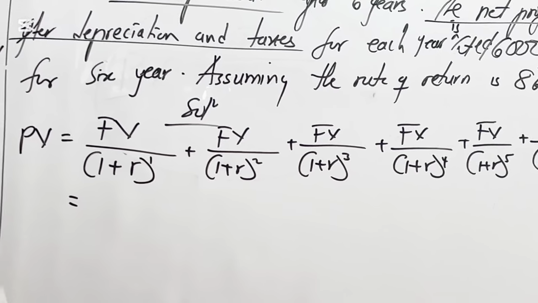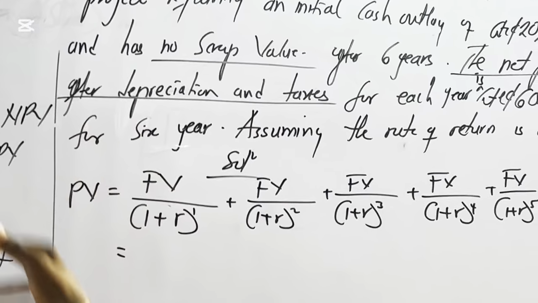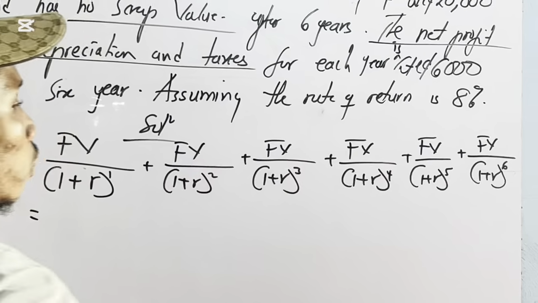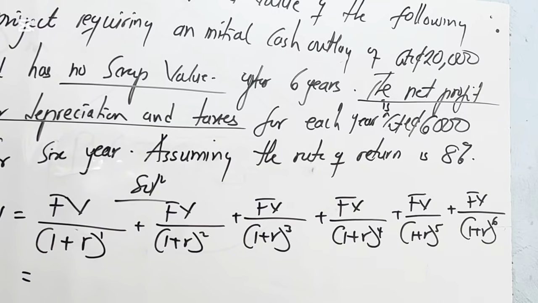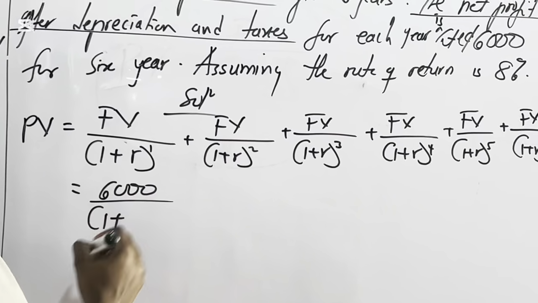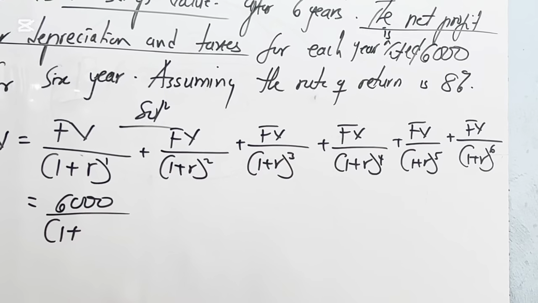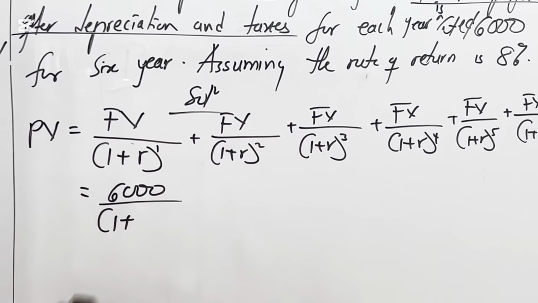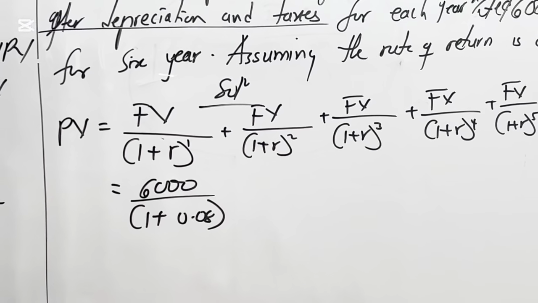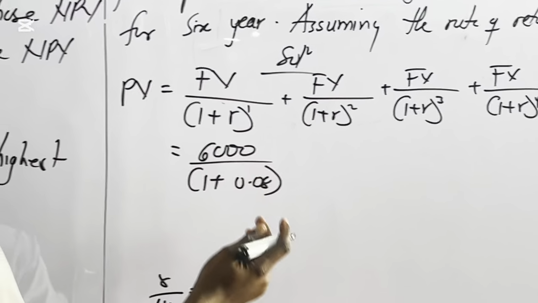So the future value, what are we expecting? The cash inflow of 6,000 in future. So after 1 year, we have 6,000 over 1 plus our r. Remember, your r is the 8%, which is 8 over 100, and that is 0.08.